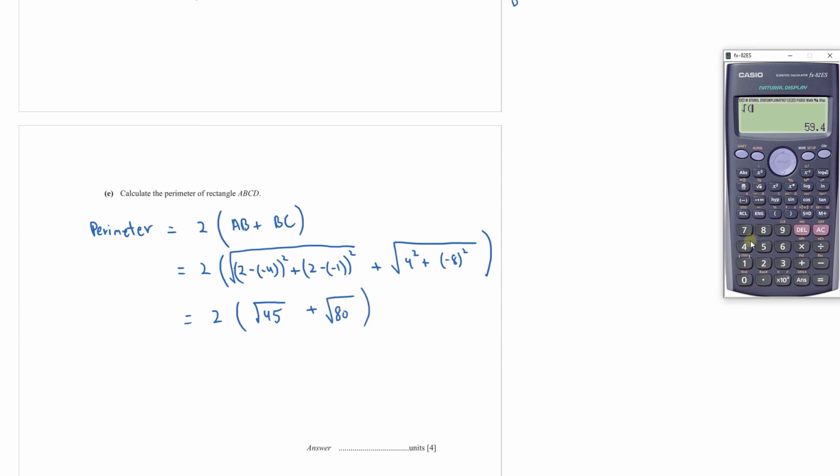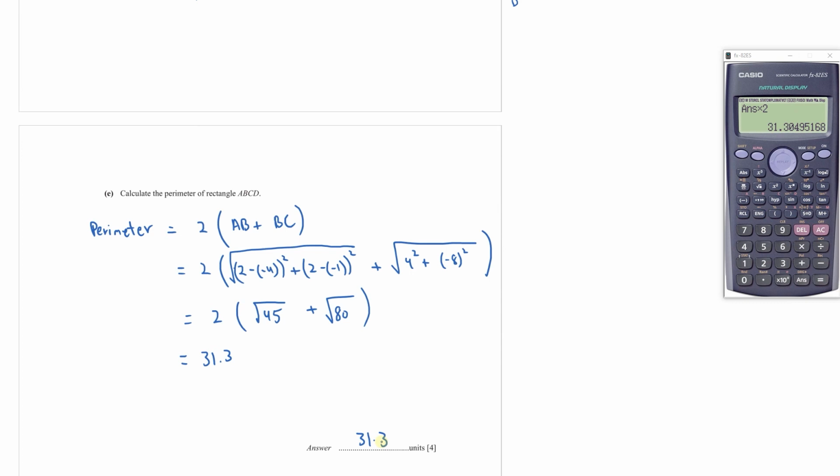So let's calculate this, under root 45 plus under root 80, and then you multiply it by 2 to get the perimeter. So multiply by 2, 31.3, 3 significant figures, 31.3 units. So your answer here will be 31.3 units.